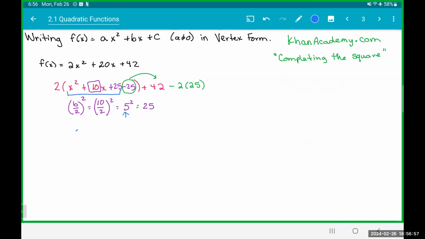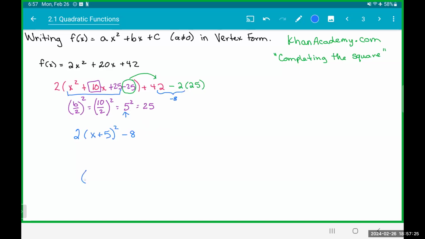So that is actually 2 times x, that's positive, so plus 5 squared. And this is plus 42 minus 50, right? So that's going to be a minus 8. Because this right here is -8.